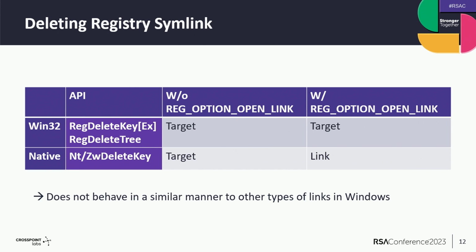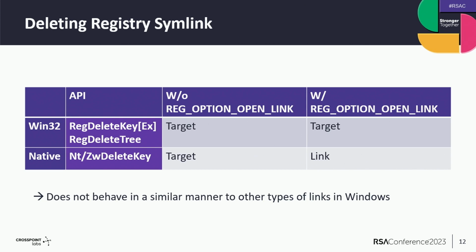There is one way, though, to delete a registry symbolic link, which is by using the native API NtDeleteKey. But the problem with this API is, first, it's undocumented, and secondly, you need to explicitly import that from the NTDLL library. But even then, you'll have to remember to open the key with the option REG_OPTION_OPEN_LINK.